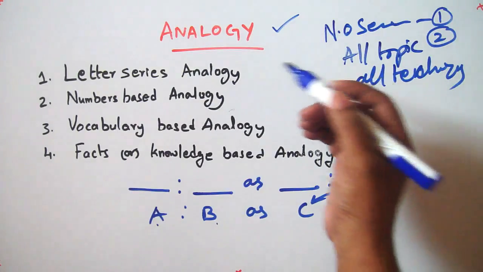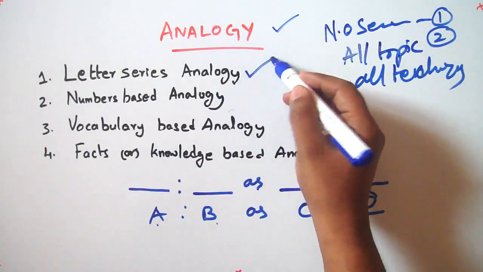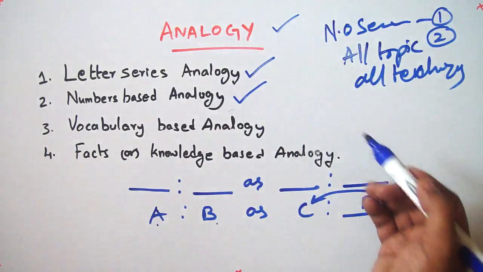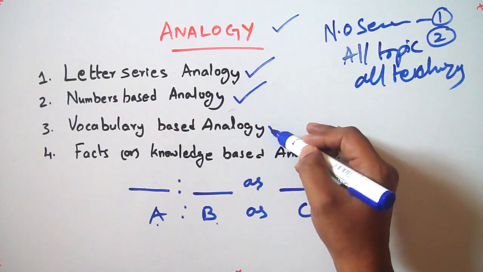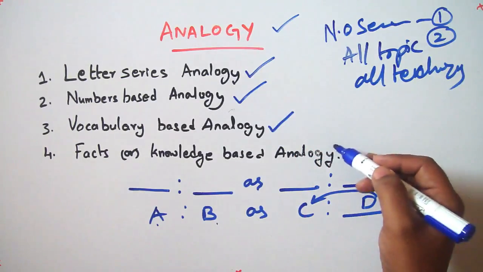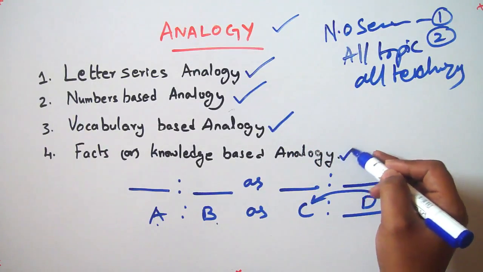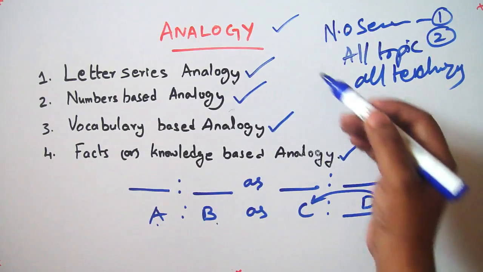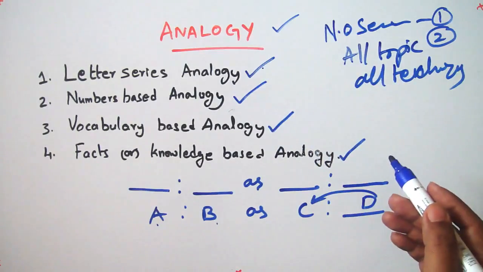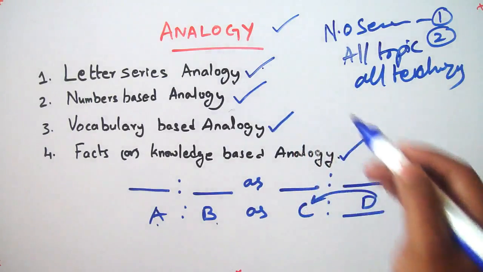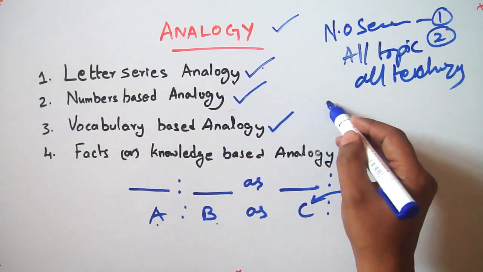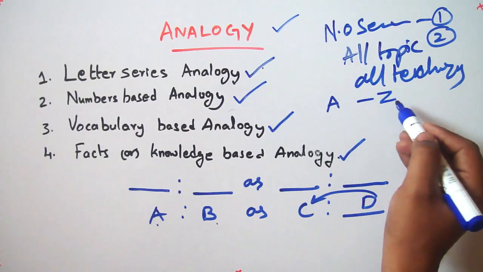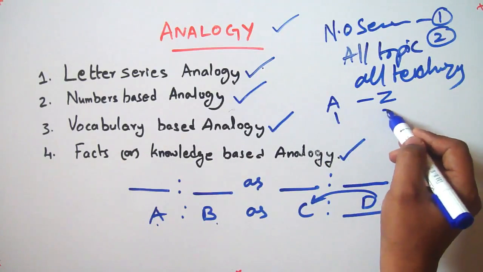There are many types of analogy. The first type is letter series analogy, the second is number series analogy, the third is vocabulary based analogy, and the fourth is facts based or knowledge based analogy. What is letter series analogy? Letter series analogy is nothing but alphabets from A to Z, that is 1 to 26.